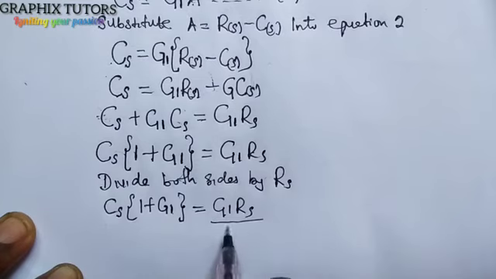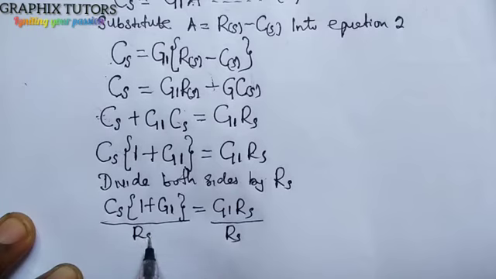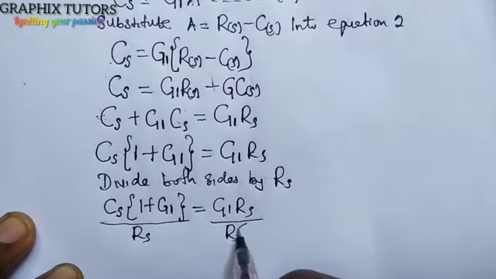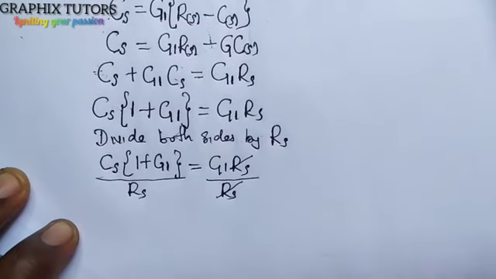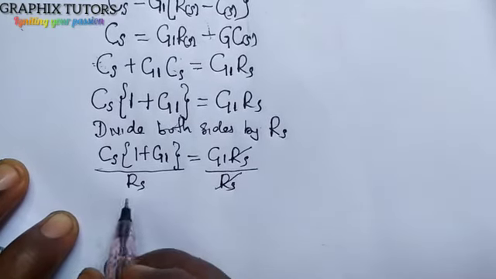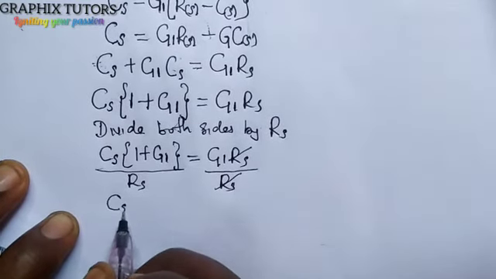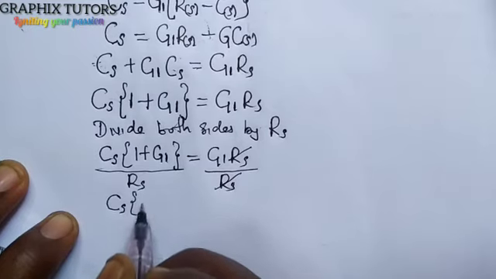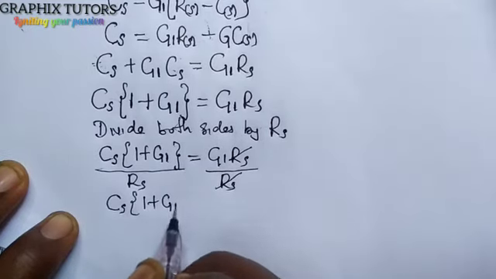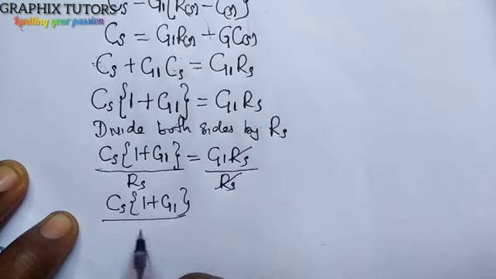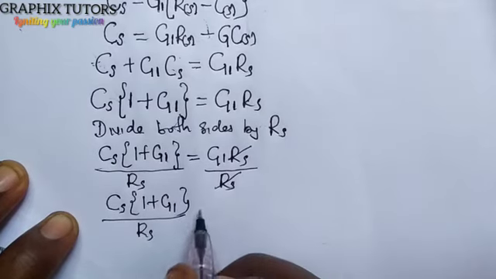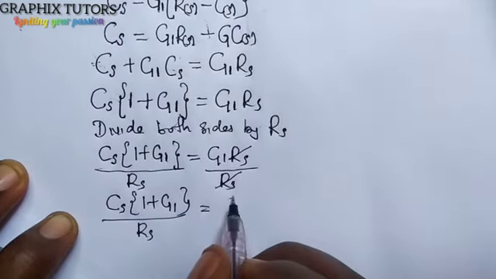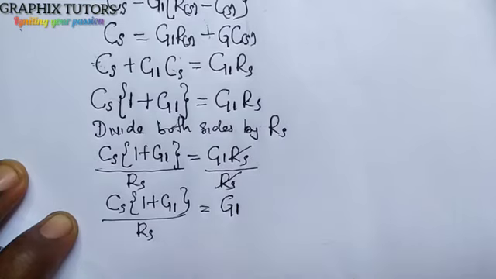So this will be over RS, and this will be over RS, right? So RS will cancel RS, and we will be left with CS into bracket 1 plus G1 all over RS equals what? G1.